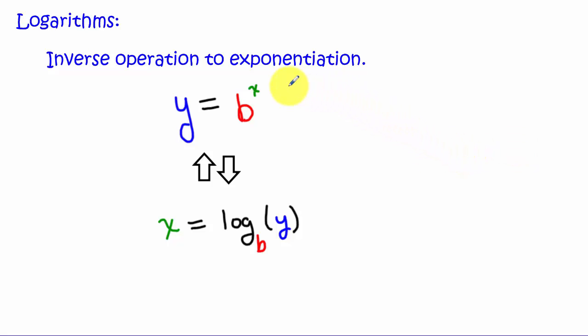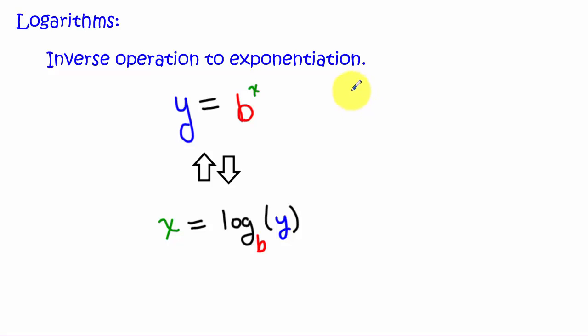Now that we're working with exponential equations, we started talking about exponential growth and decay in the last lesson. We have equations like these, and we might want to solve for x. So we are going to convert forms.